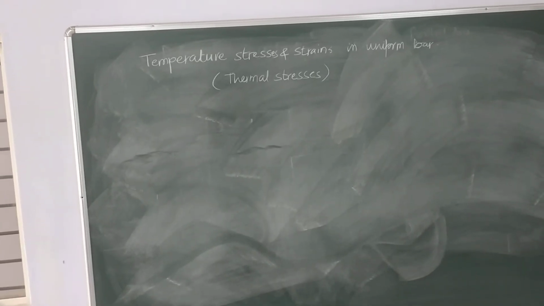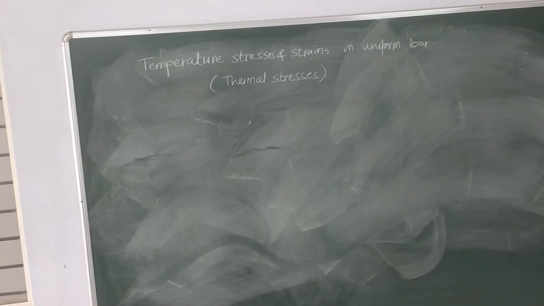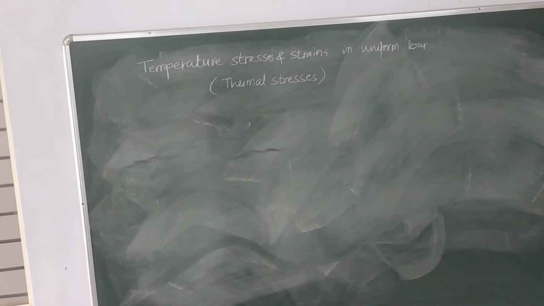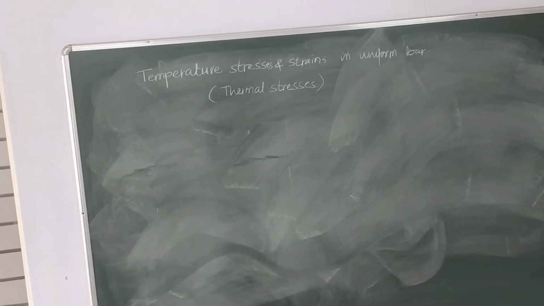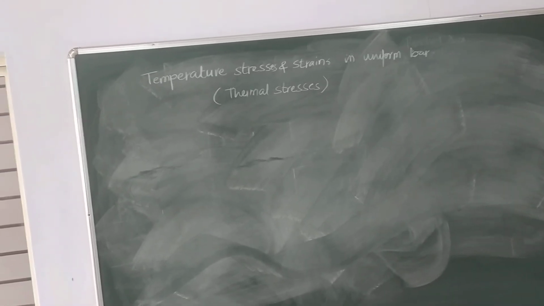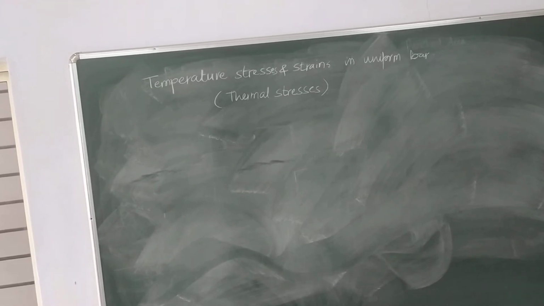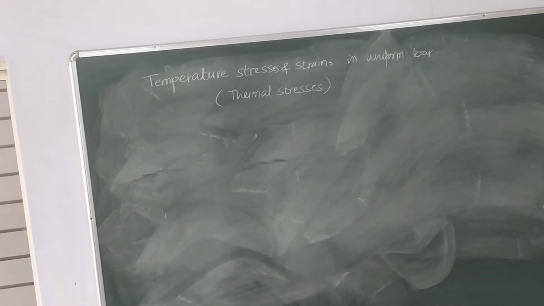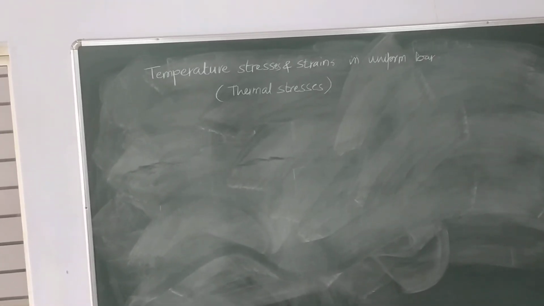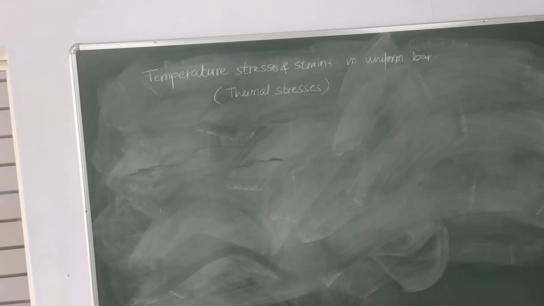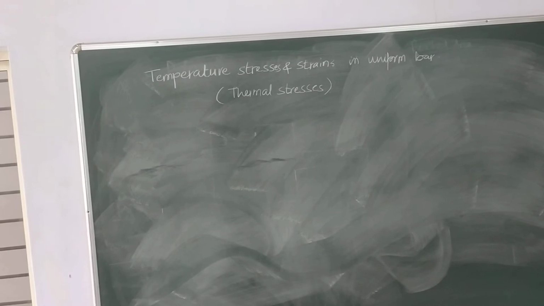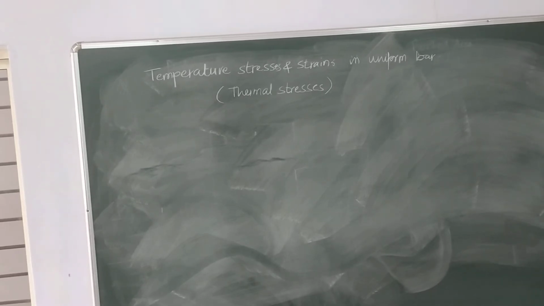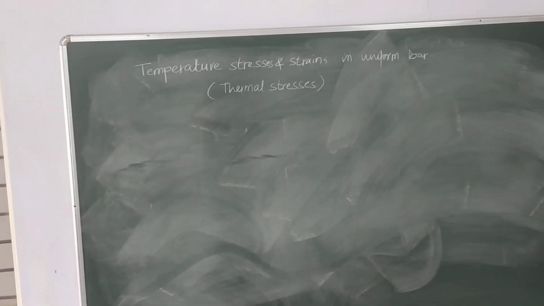If this expansion or contraction due to temperature variation is partially or fully prevented by application of forces, like keeping the body in some holder, then stresses are induced in the body. Such stresses are known as thermal stresses or temperature stresses, and corresponding strain due to these thermal stresses is called temperature strain.